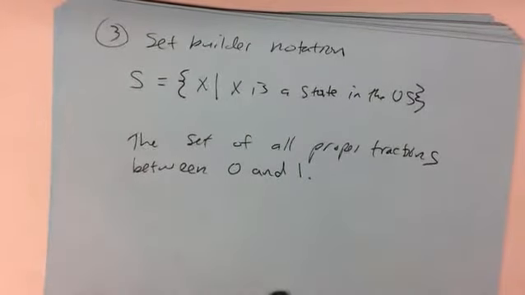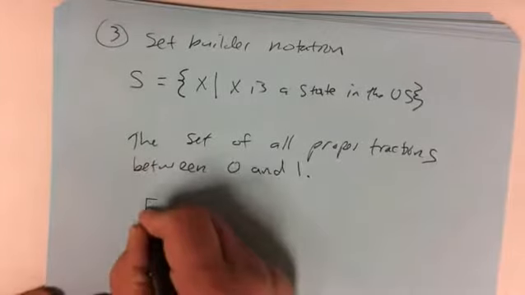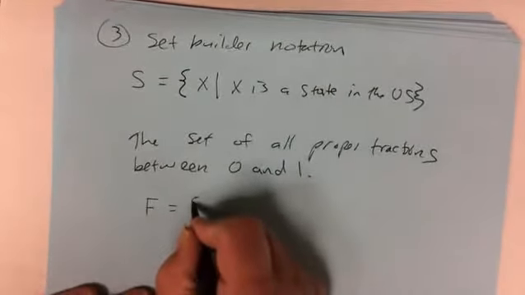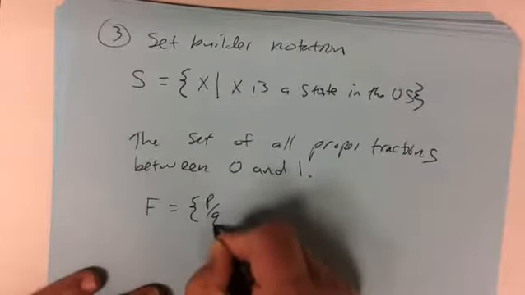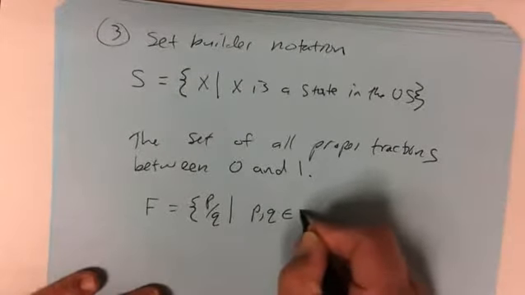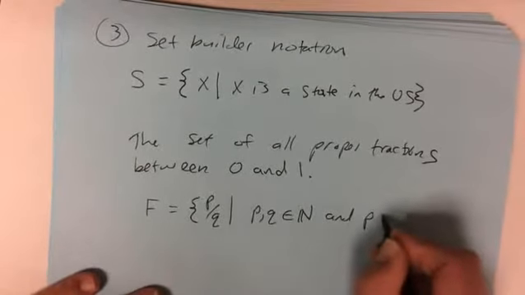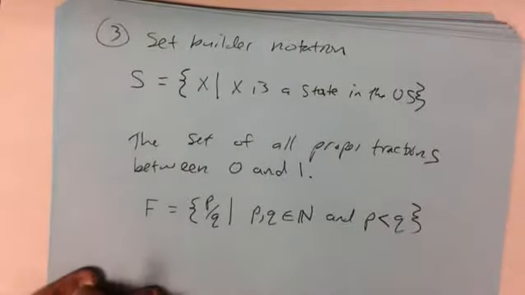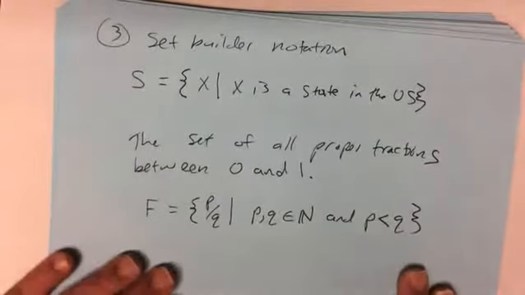So the best way to denote this set would be, and we'll use F here for proper fraction, the way they would do this using set builder notation: all elements P over Q such that P and Q are elements of the natural numbers and P is less than Q. That's probably the best way you could denote that particular set.